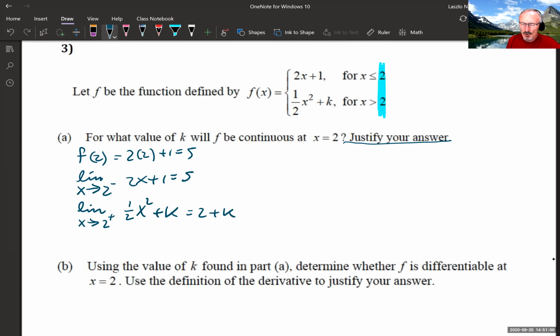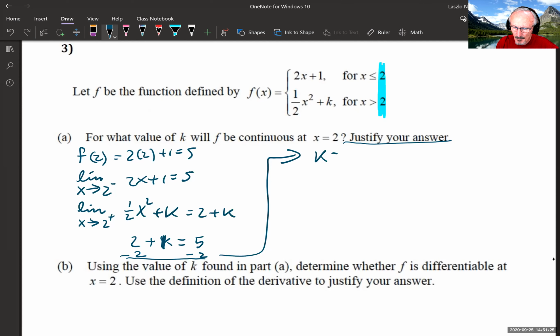Now, for the function to be continuous at x equals 2, all 3 of these expressions must equal each other. So 2 plus k is equal to 5, and so now we need to subtract 2, and so we end up with k is equal to 3.